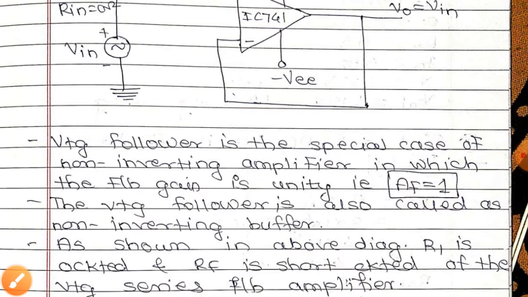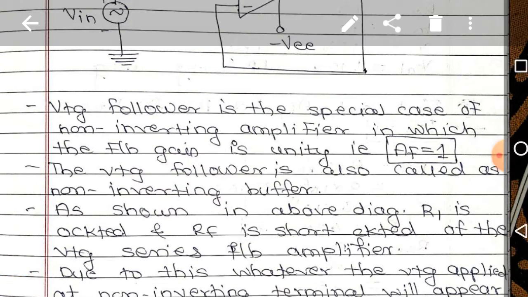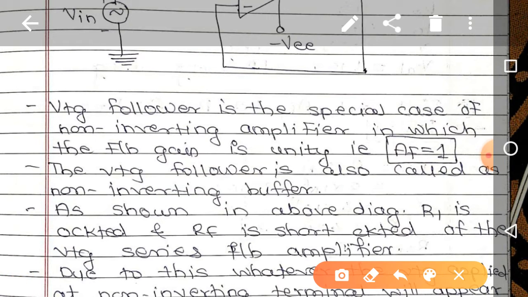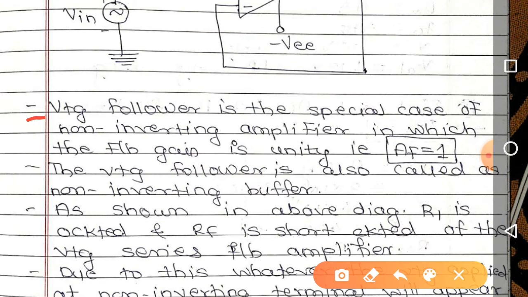See here, voltage follower is the special case of the non-inverting amplifier. It is observed in non-inverting amplifier, in which feedback gain is unity.